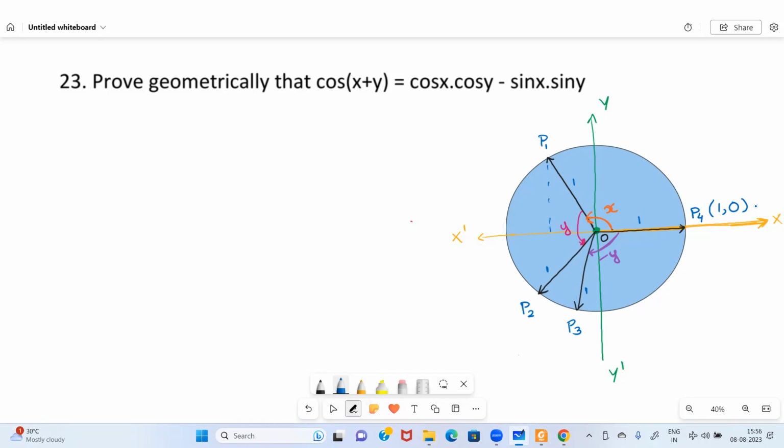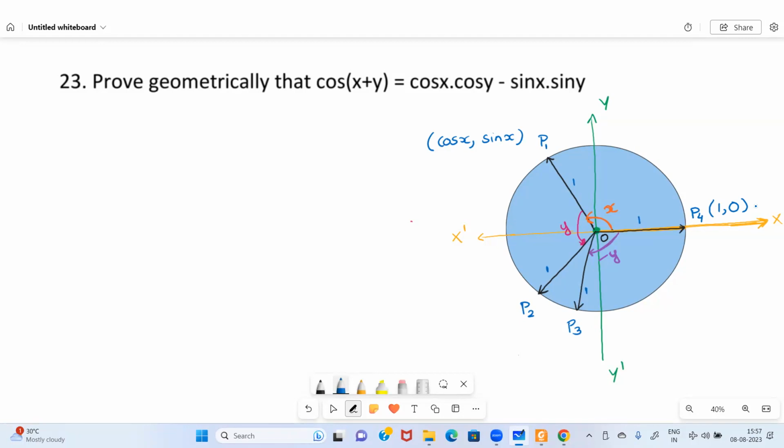So you can represent the ordinate with sin x and the corresponding abscissa with cos x. We know that sin square x plus cos square x is 1. Therefore I can write this coordinate as cos x, sin x. The x-coordinate, the abscissa, is cos x, and the y-coordinate, the ordinate, is sin x.